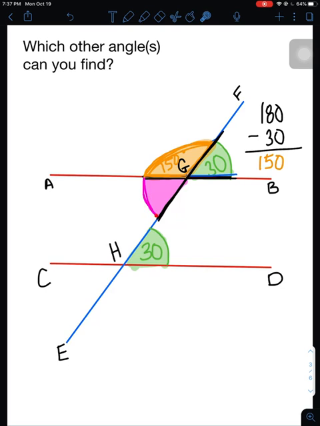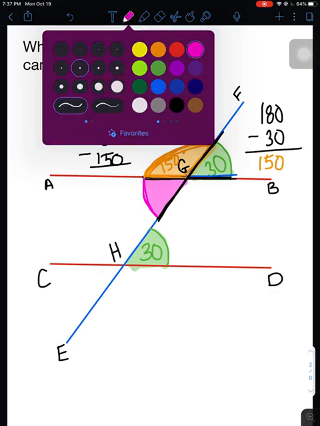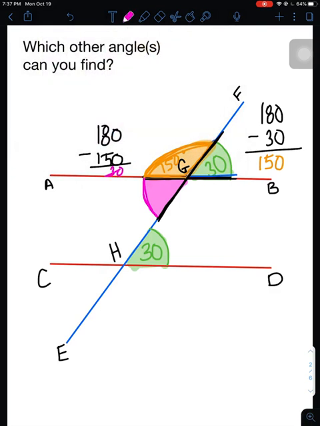You can also picture it as making half a circle, right? So that means that these are also supplementary. So we can say 180 minus 150, and that's going to give me 30. So now this angle right here is 30.